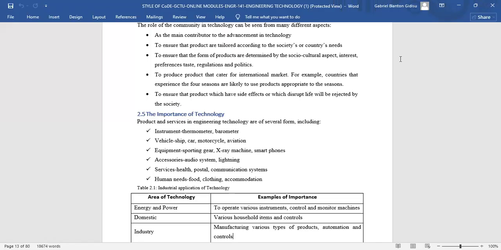Human needs: food, clothing, accommodation. These are human needs. Then we have industrial applications of technology.